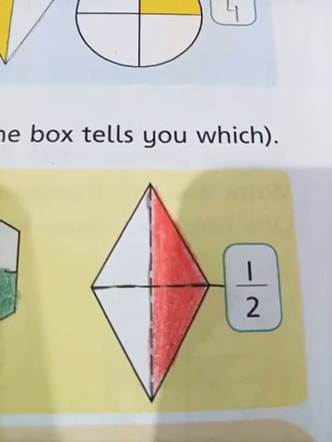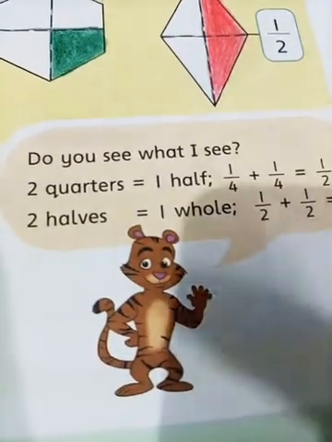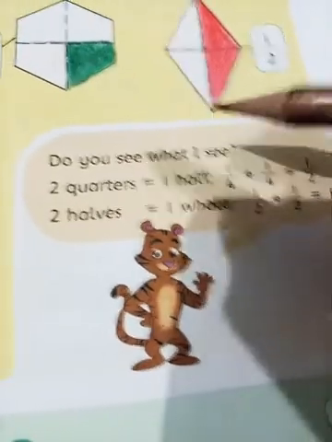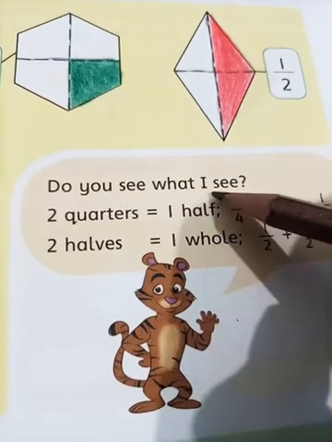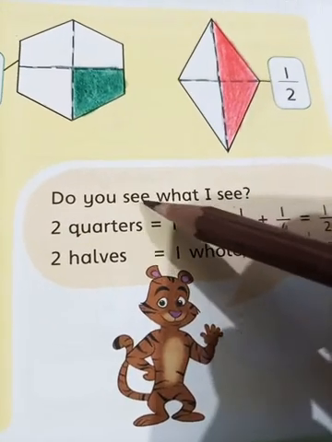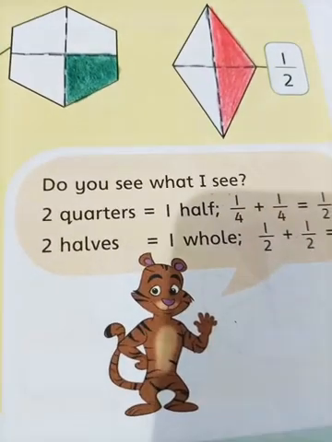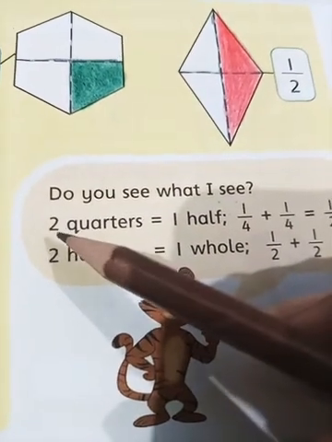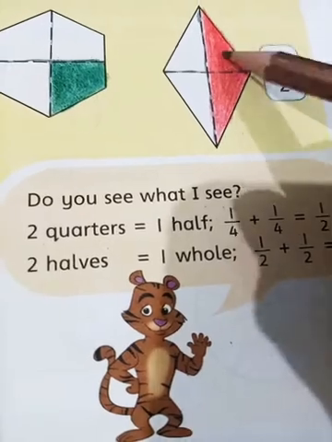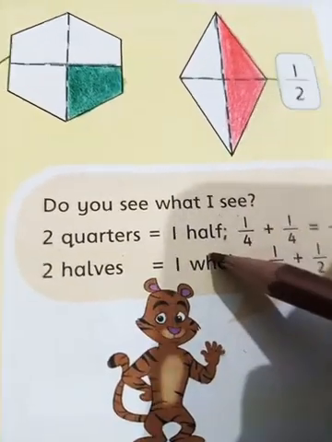Now students, here is one of your friends, the bunny. Here the tiger is saying, do you see what I see? He is asking you, did you see what the tiger sees? Look at this students, what the tiger sees. Look at this, he is saying that the 2 quarters is equal to 1/2.